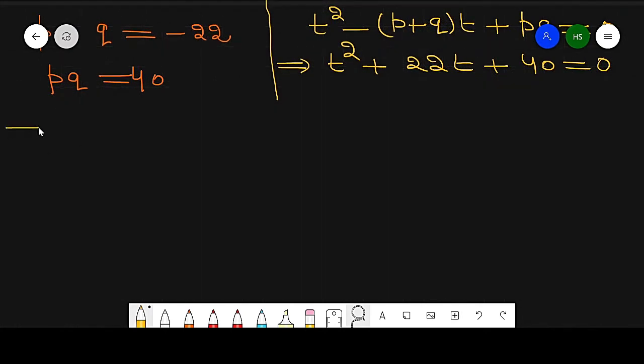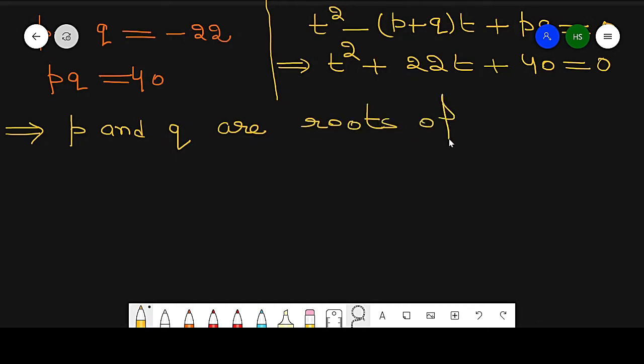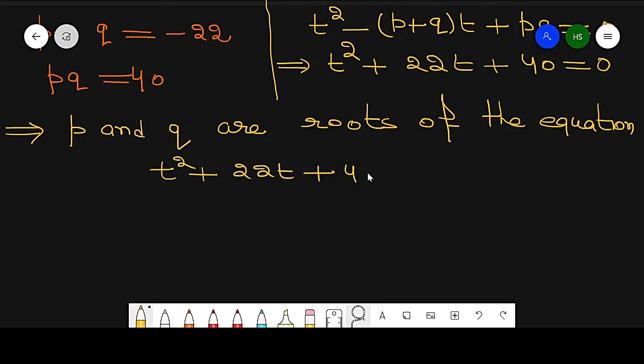So p and q are roots of the equation t square plus 22t plus 40 equal to 0.